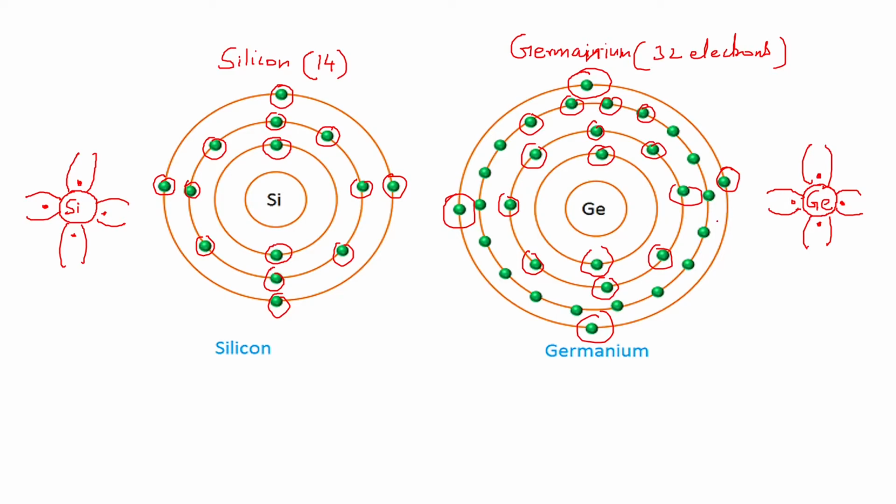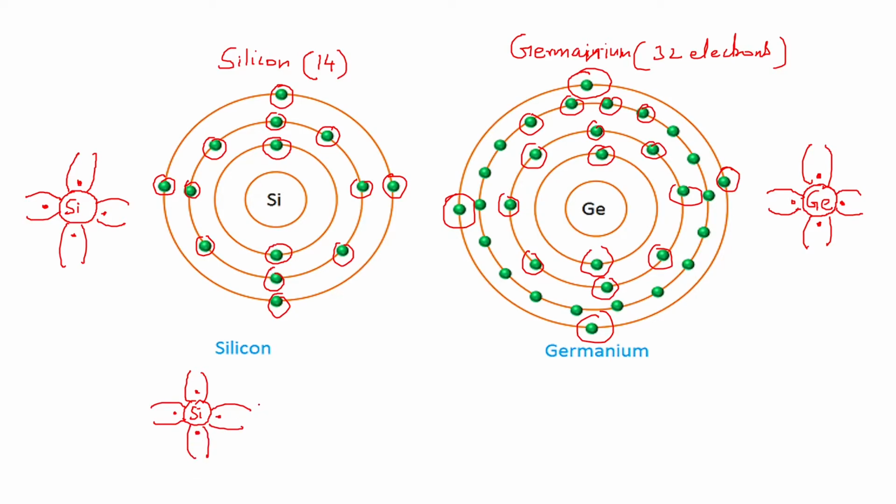Now whenever we have a crystal, a silicon material in which we have many silicon atoms, or a germanium material with many germanium atoms, we can show the atoms like this. Say this is one silicon atom. There will be a valence electron here, here, here, and here.